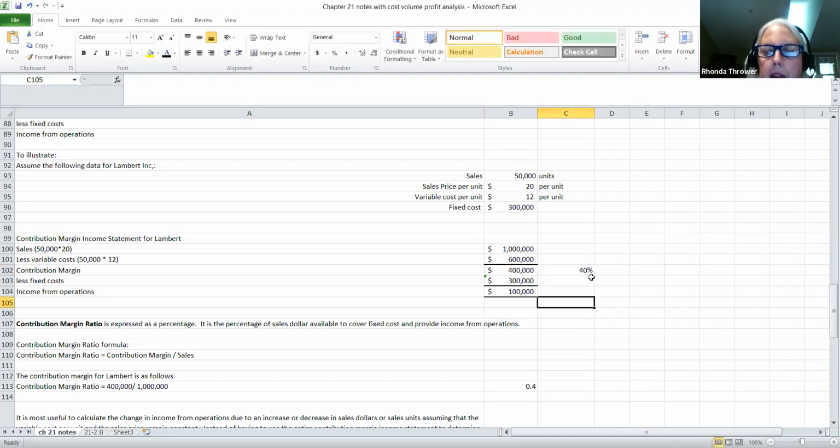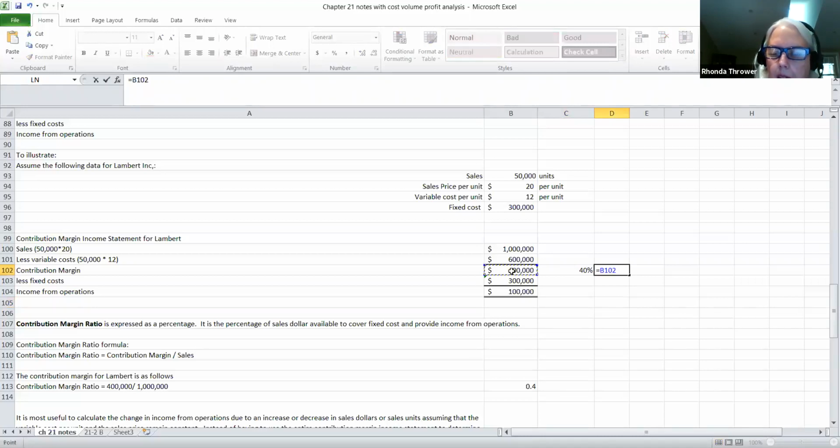And the way that I got that 40% is you take your 400,000, I'm going to create a formula here so you can see it, and divide it by the sales. The 400,000 is the dollar amount of the contribution margin divided by the dollar amount of the sales. That will give you 40%. That's how I got that.